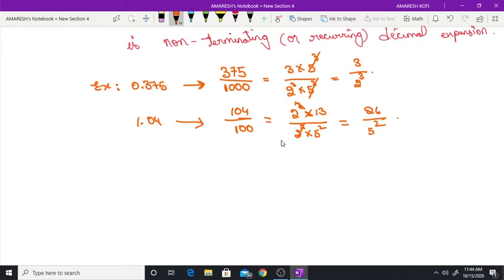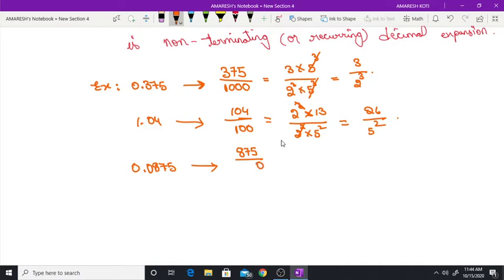And the third example, 0.0875. Now write 875, because 0 has no value. And now see how many digits are there after the point: 1, 2, 3, 4.